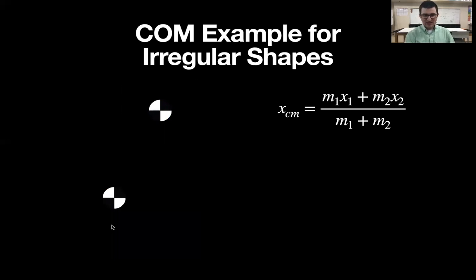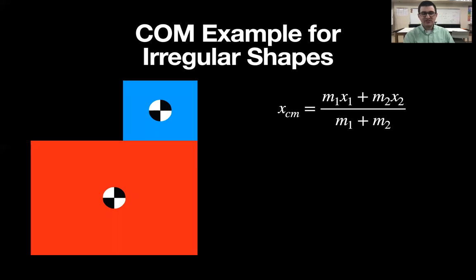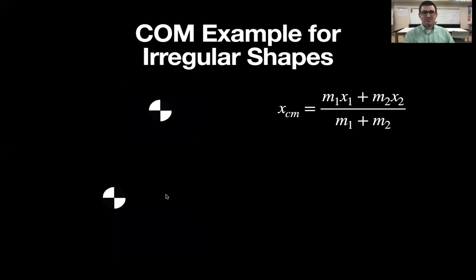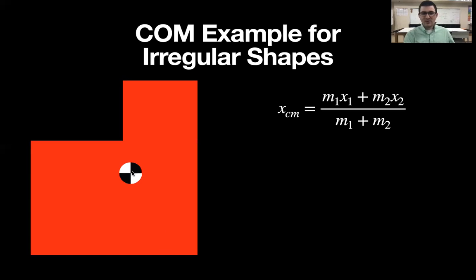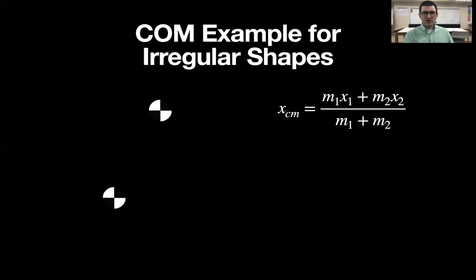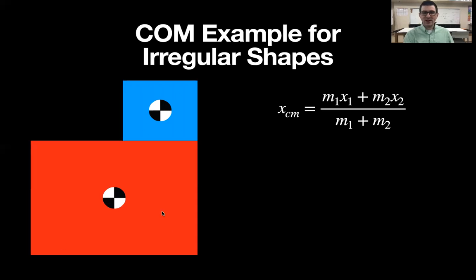And if we can calculate the density and therefore the mass of each of these two shapes, then we can calculate the mass weighted average of these two point particles, and then treat that as the center of mass of the whole thing, which would be right about here, which makes sense because this box up top is going to pull the center of mass to be a little bit up and to the right of where it would have been if it was just this red rectangle. So that is how you calculate the center of mass for an irregular shape.